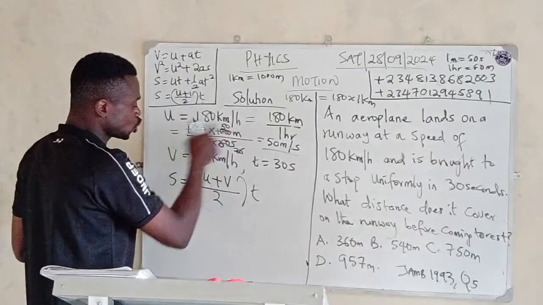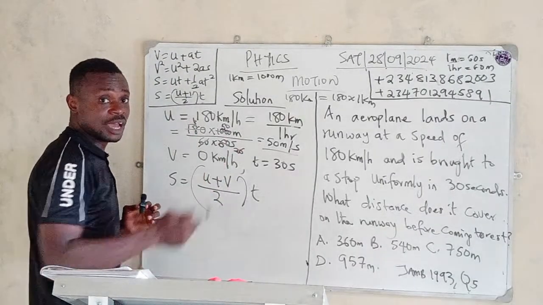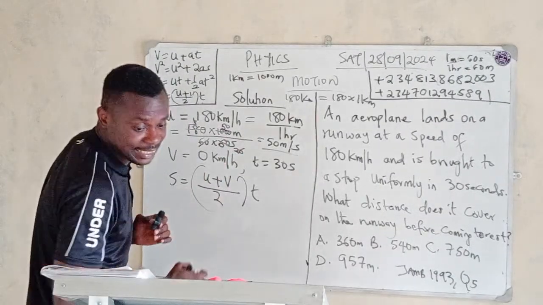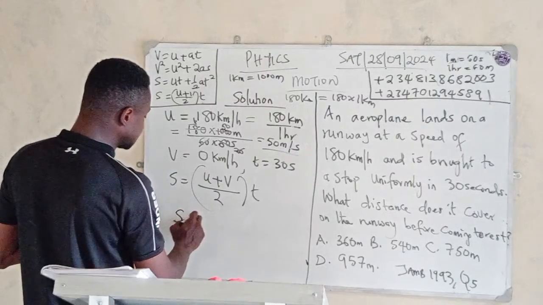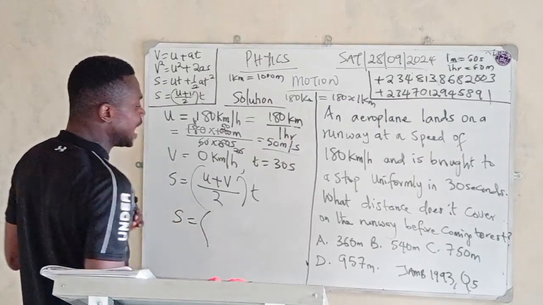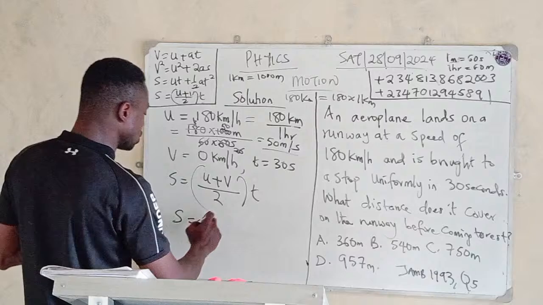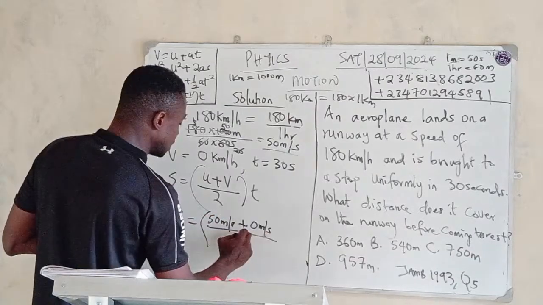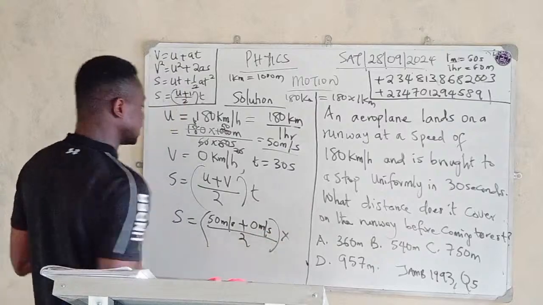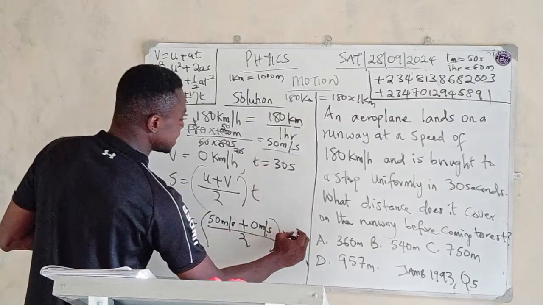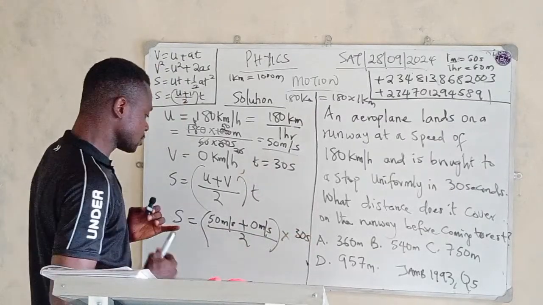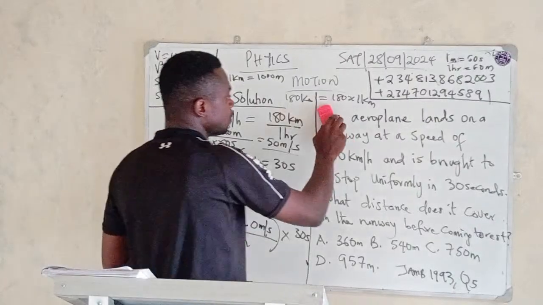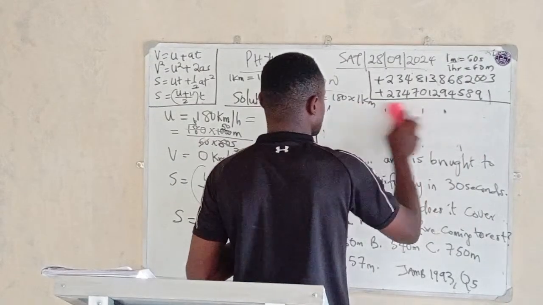So let us now substitute all these things in this equation and find our S. So S is now equal to initial velocity, 50 meter per second, plus final velocity, all over 2, times time, which is 30 seconds. Permit me to clean some part of this place, this question.